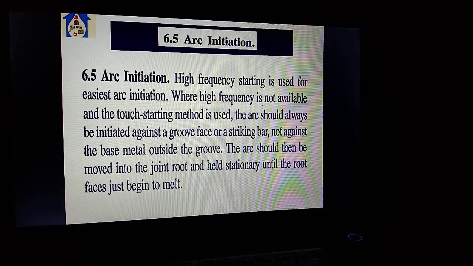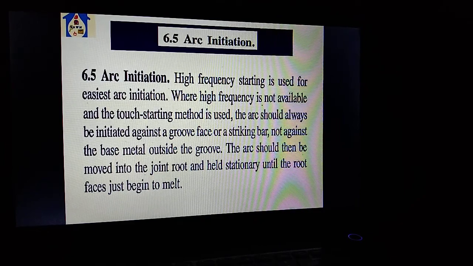Arc initiation. High frequency starting is used for arc initiation; where high frequency is not available, scratch starting is used. The arc should always be initiated against the bottom of the groove, not against the outside of the groove.